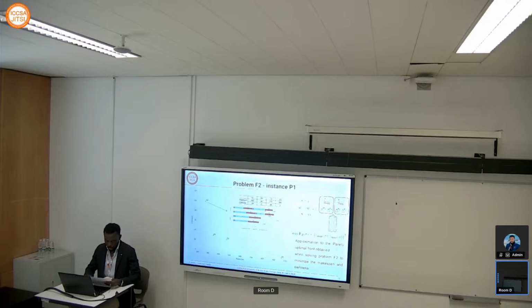For problem F2, which consists of minimizing makespan and earliness, 4 non-dominated solutions were found. Solutions B2 and C2 lie at the inflection point of the Pareto front and may represent a good trade-off between the 2 objectives.